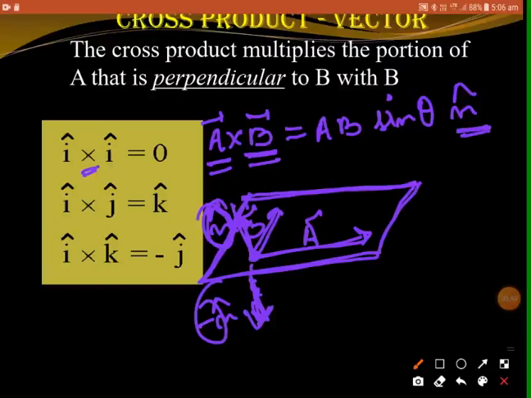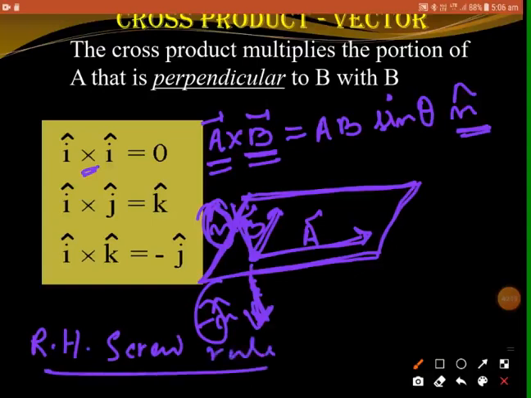To know whether it is outward or inward, vertically upward or vertically downward to this plane, we need to know another rule that is known as the right-handed corkscrew rule. You can simply say right-handed screw rule. What is this right-handed screw rule? I will tell you here.